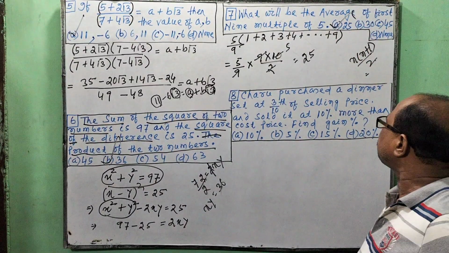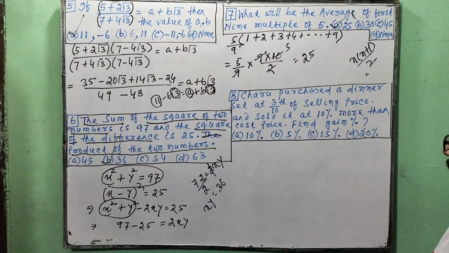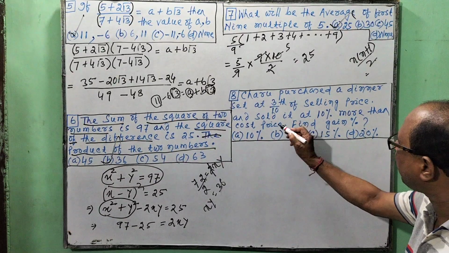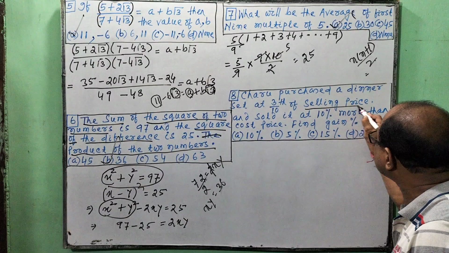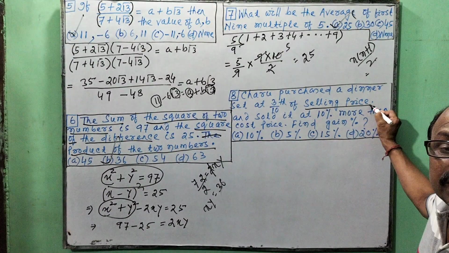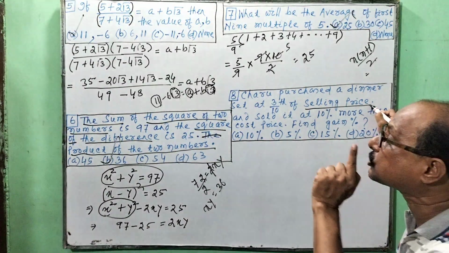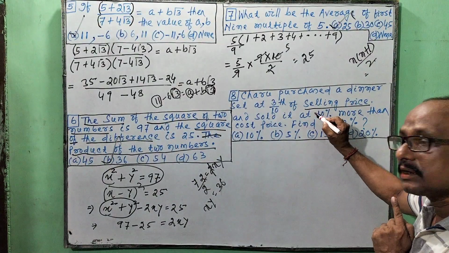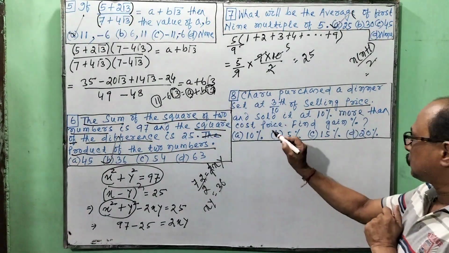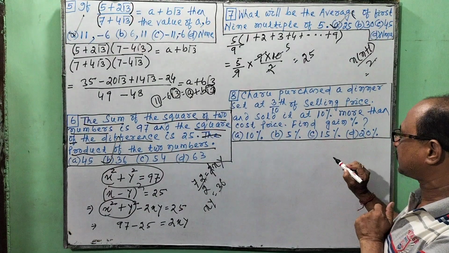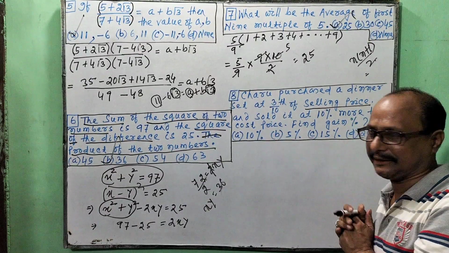Next, Charu purchased a dinner set at 3 by 10th of the selling price. Look, the profit in this question is calculated on the selling price, and she sold it at 10% more than the CP.